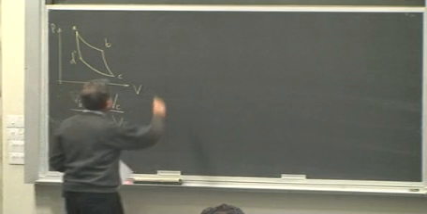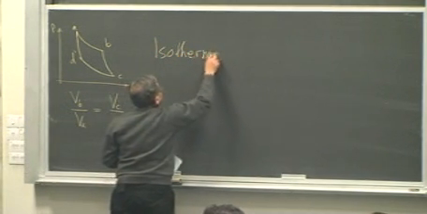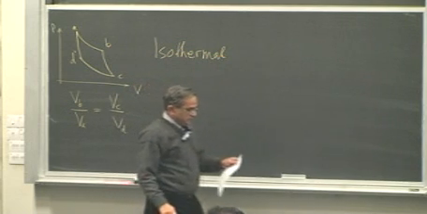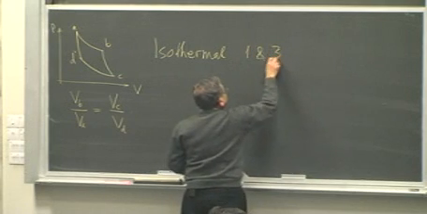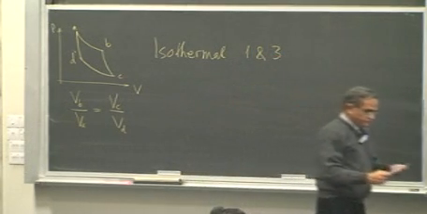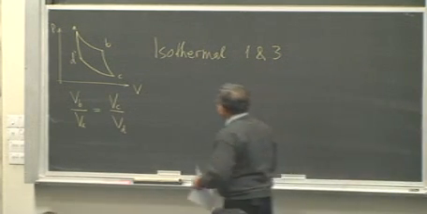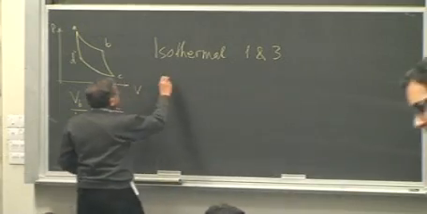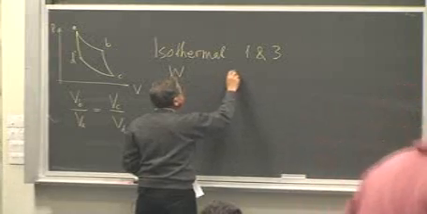In this isothermal process there are two processes, 1 and 3. In these two processes work is being done and heat is being transferred.